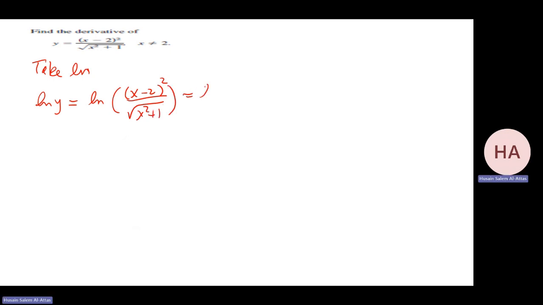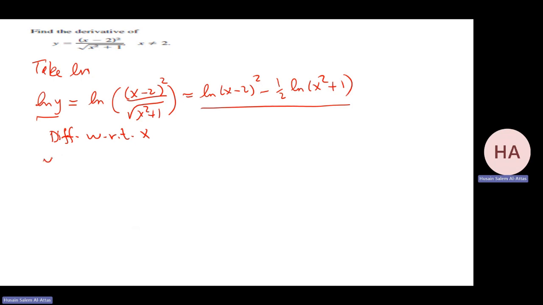Which is ln of (x minus 2) squared minus half ln of (x squared plus 1). So I take the ln. Now this is implicit differentiation, so differentiate with respect to x.